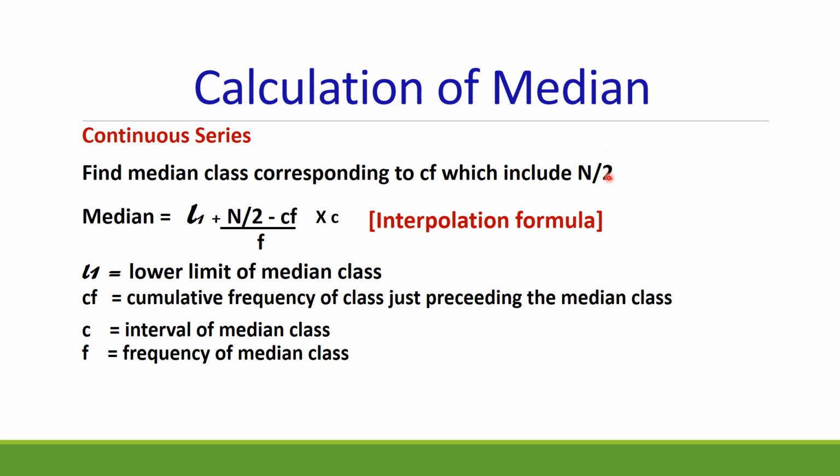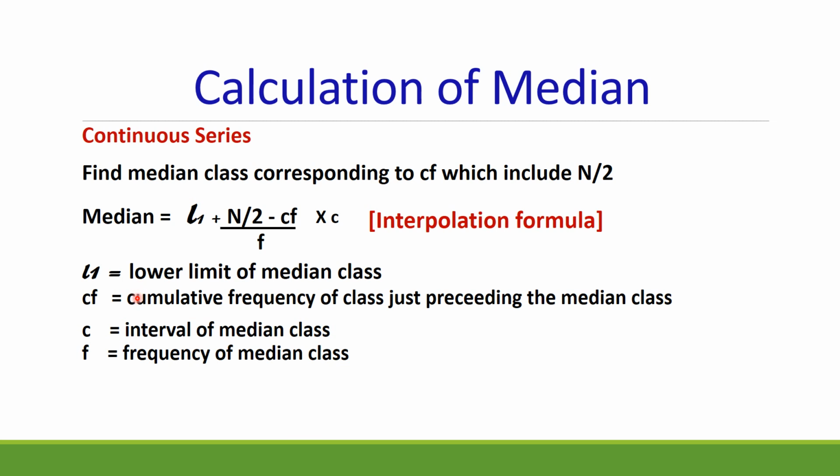And after that, we have to apply the interpolation formula: L1 plus n by 2 minus Cf by f into C. That is the interpolation formula which has to be applied for finding out the median. L1 here is the lower limit of the median class.